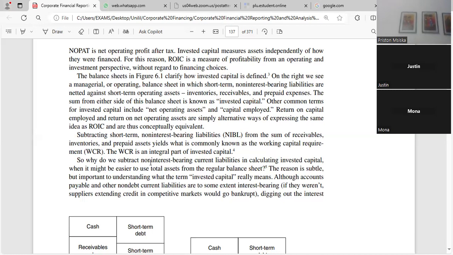So 0.5 is far greater than 0.2. So company A takes less effort to make a profit, doesn't struggle to declare profit.